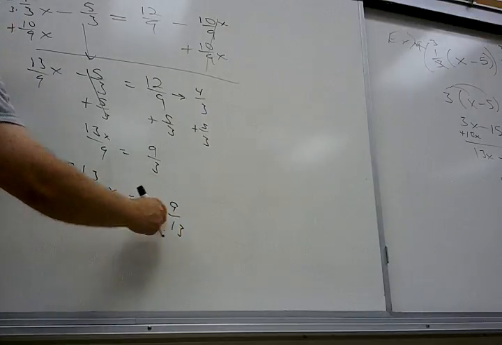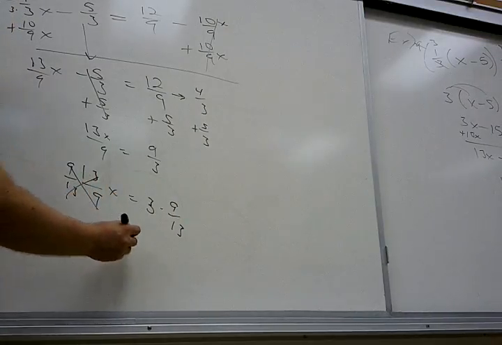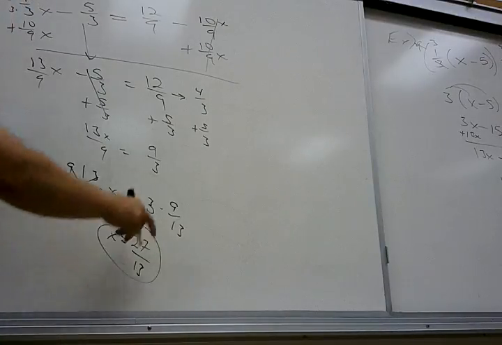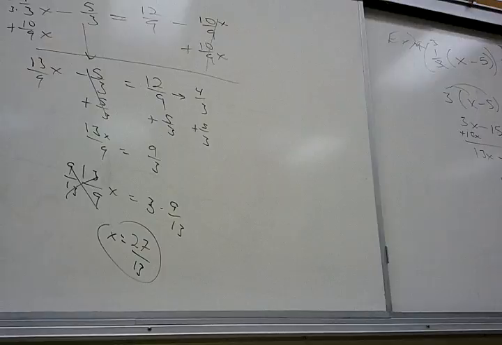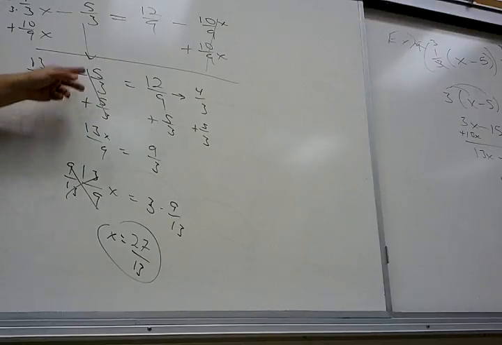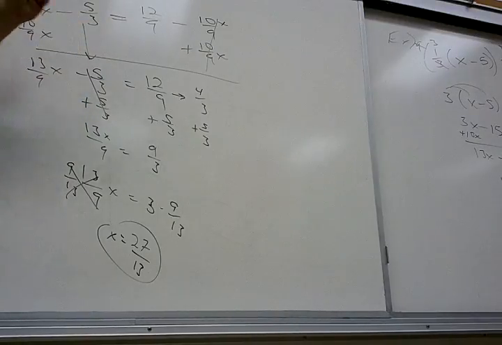And sure enough, you get 3 times 9 is 27 over 13, same thing we got over there. Either way you want to do it. So if fractions don't bother you too much, this is fine. If you don't like the fractions, you can always get rid of them in an equation. The equation allows you to multiply, because doing it to both sides balances back out.